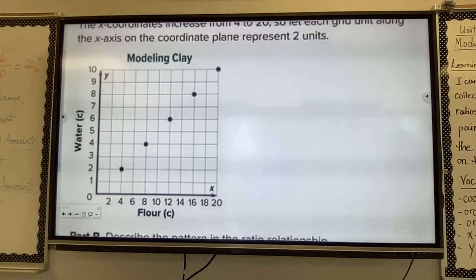This means that the number of cups of water increases by 2 cups as the number of cups of flour increases by 4 cups. So that's basically what it represents.